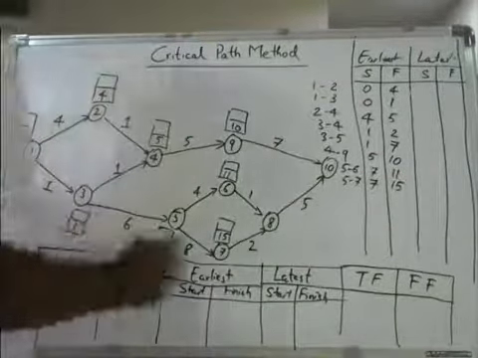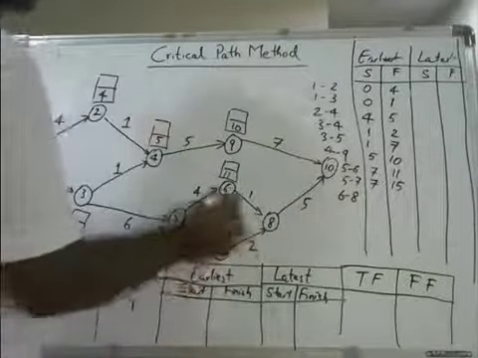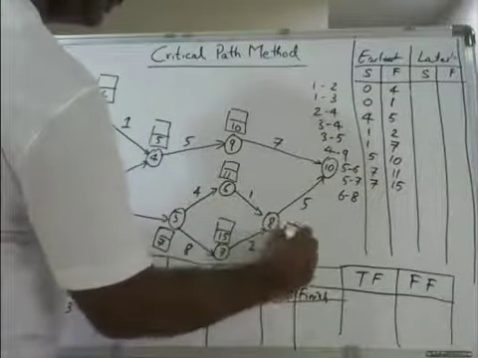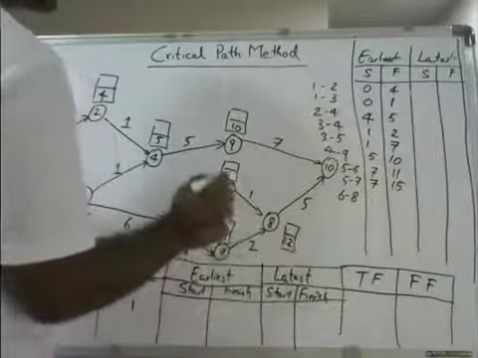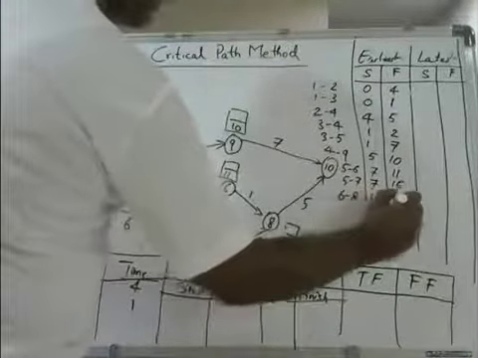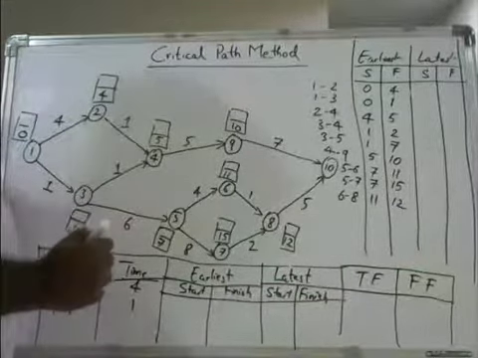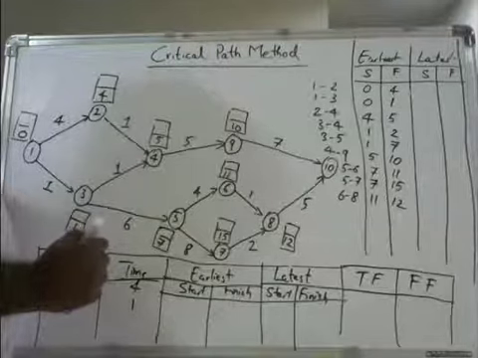Now next one is 6 to 8. 6 to 8 is here. I'll write it here. 11 plus 1 is 12. So starts with 11, ends with 12. Okay, so that is 6 to 8.